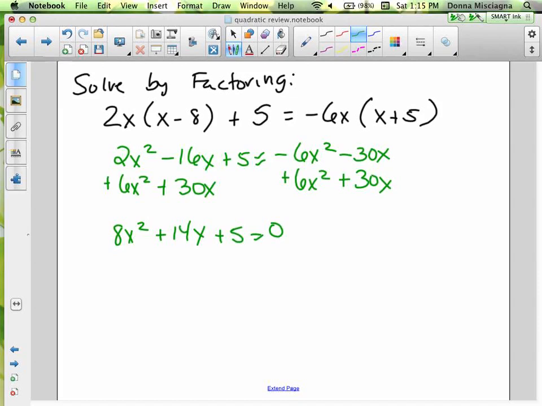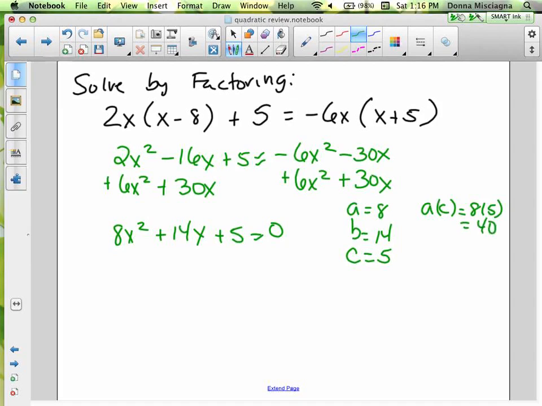All right, so now we multiply a times c, so a is 8, b is 14, and c is 5. If c had been an even number, we could have divided everything by 2 first, but it's odd, and so they have no common factors. So a times c, that would be 8 times 5, which is 40.